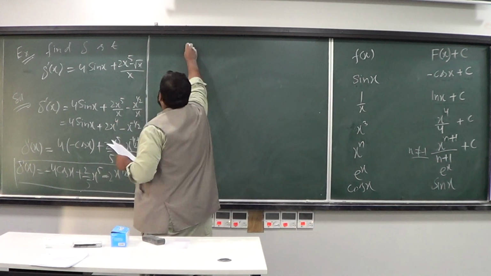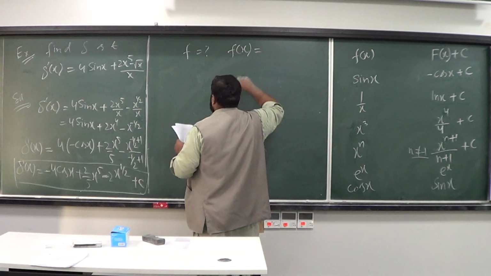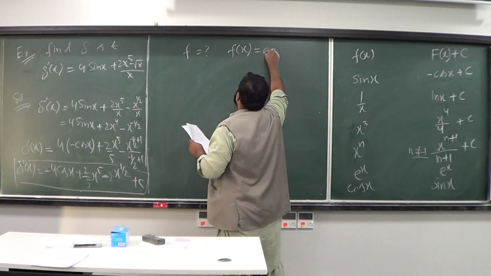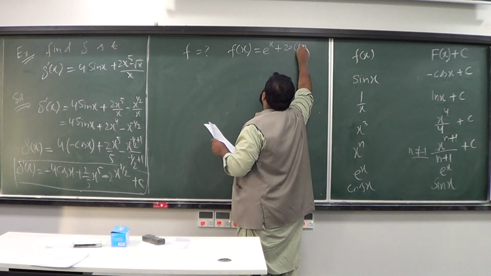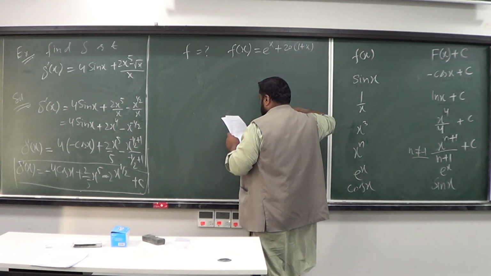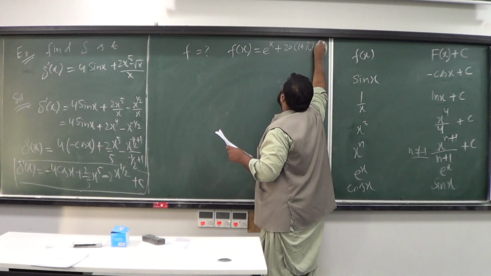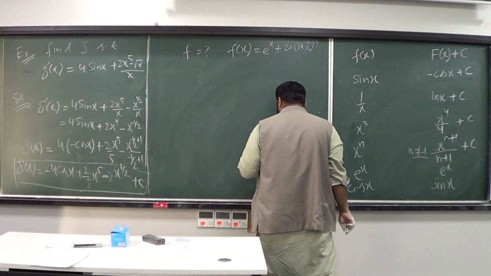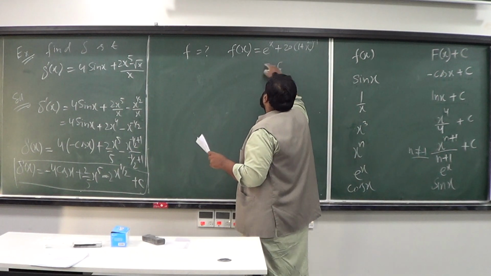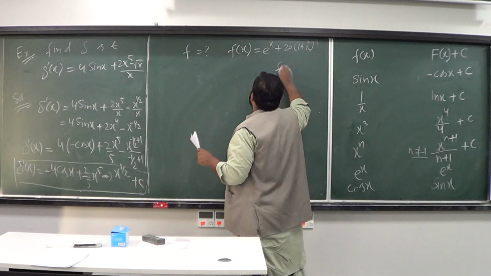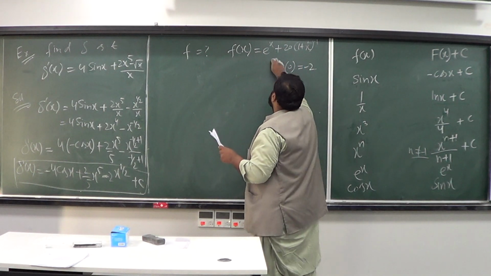It says find f where f prime of x is e to the x plus 20 over 1 plus x squared. And it is also given that I want that f in which if I substitute 0, I must get minus 2.